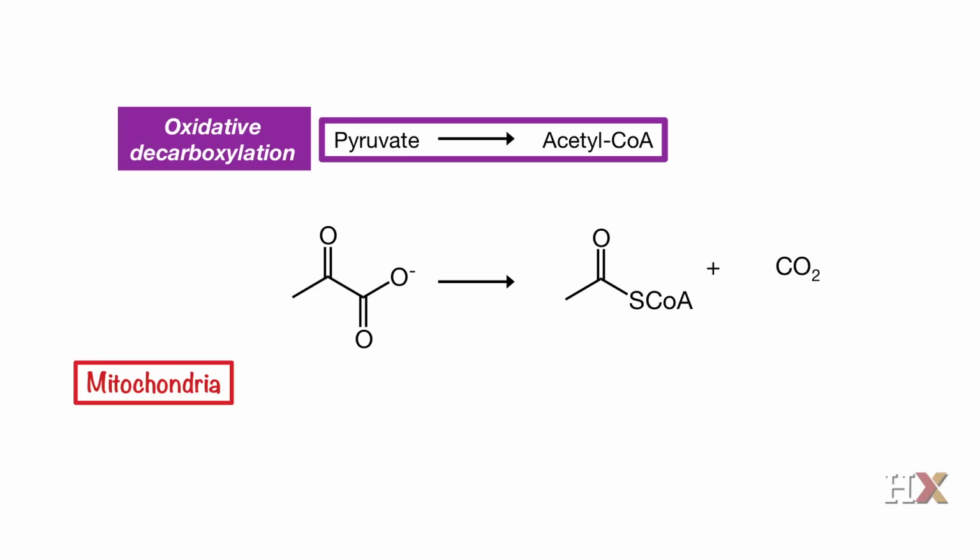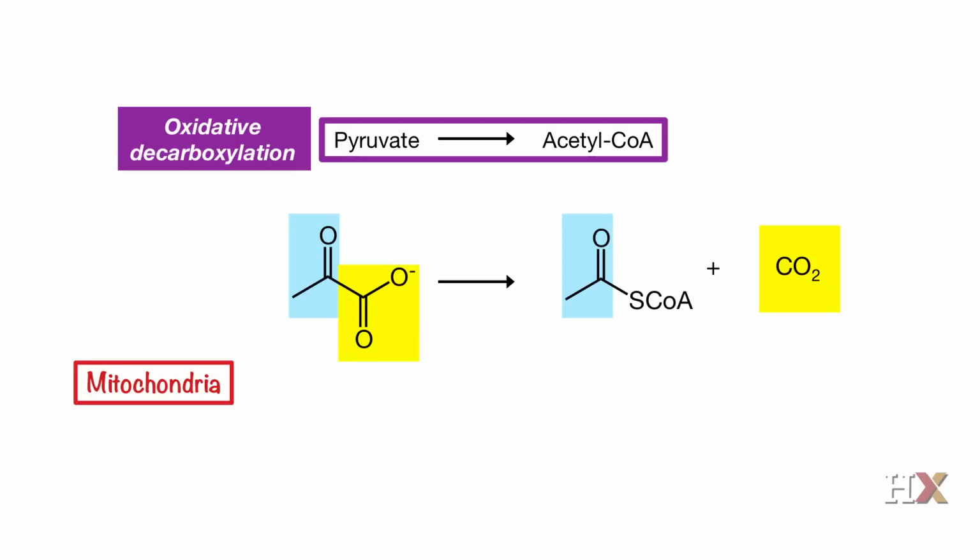Pyruvate is decarboxylated and oxidized, hence oxidative decarboxylation. So during the oxidative part of the process, two carbons from the pyruvate will form an acetyl group that is attached to coenzyme A. And in the decarboxylation part, the third carbon is removed to form carbon dioxide.